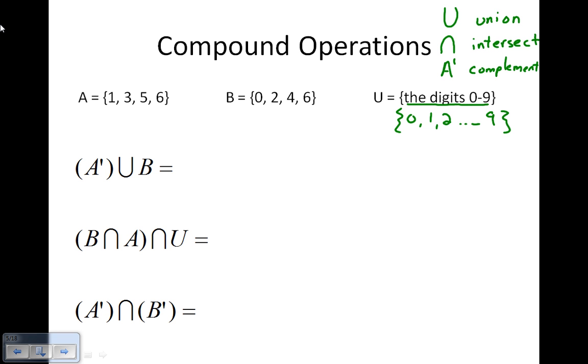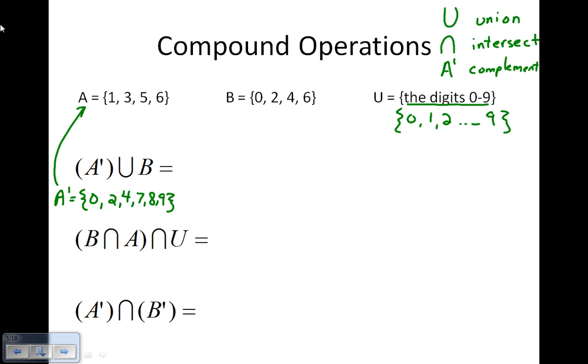So the complement of A is those numbers that aren't in A, but are in the universal set. So my complement of A would be 0, 2, 4, 7, 8, 9. Notice that none of those 6 numbers are in my original set A. So remember, complement means the opposite.